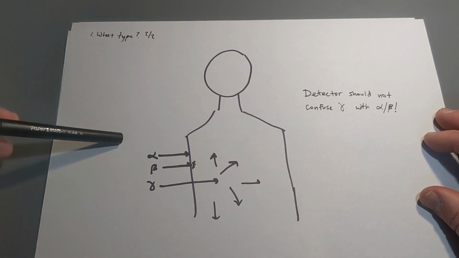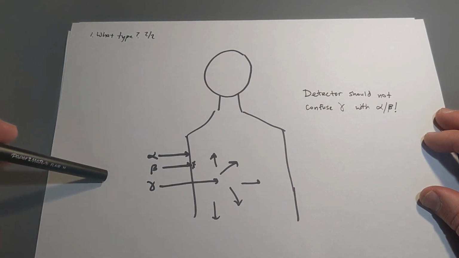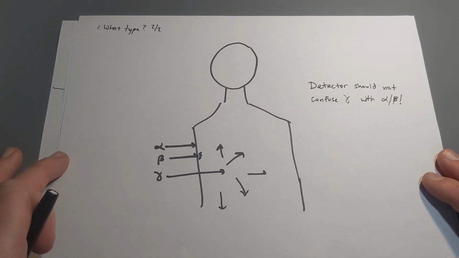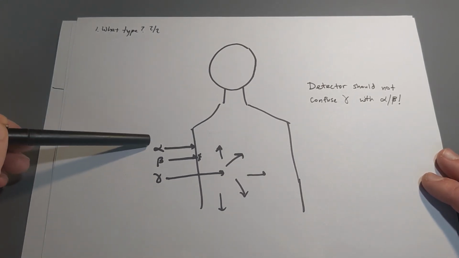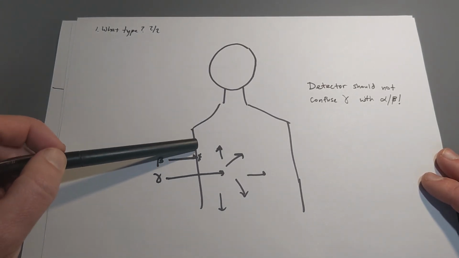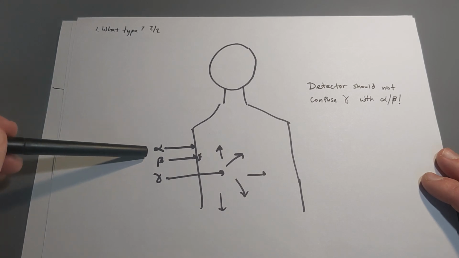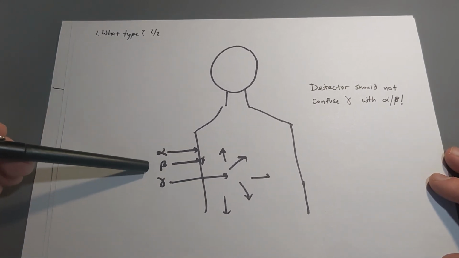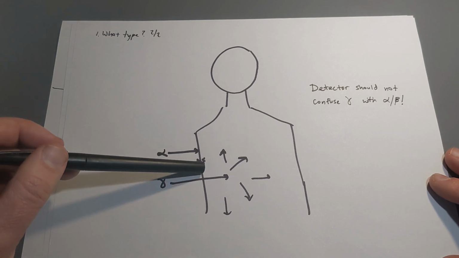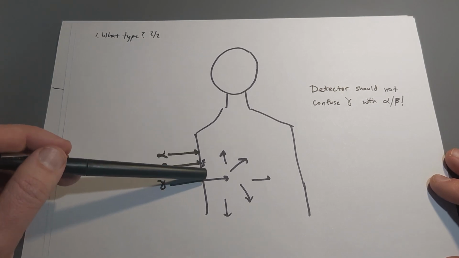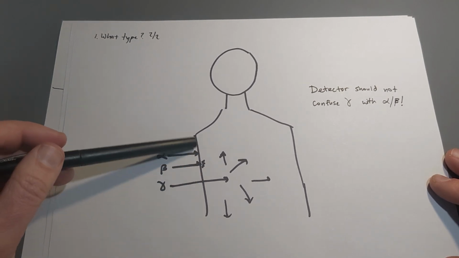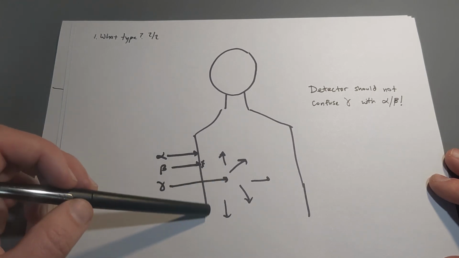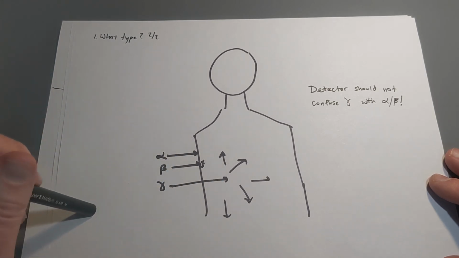Now we're going to circle around and look at how we can simplify this in practice, in common situations that you might encounter. As I said, alpha doesn't penetrate much. It mostly doesn't penetrate your dead layer of skin, or a shirt or anything. Beta's a little bit more, and if there's a lot of them and they're high enough energy, they might have a little bit of an impact beyond something superficial or a layer of clothing.